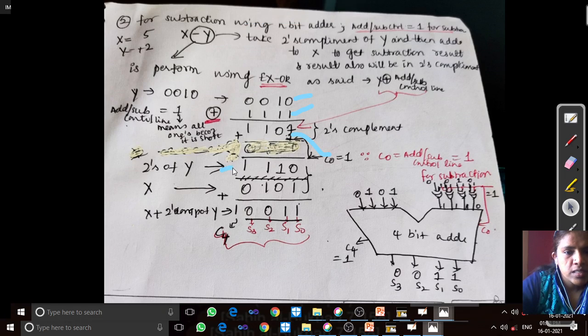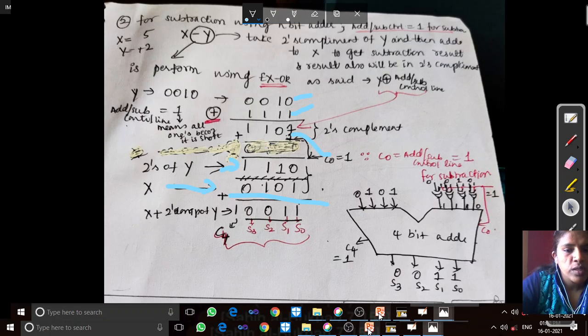What you get is this result, which is in 2's complement, and then add the x component to x because you are doing subtraction. Subtraction is nothing but addition by using 2's complement. The result is obtained here, and again the result is in 2's complement. That's all for this addition and subtraction.